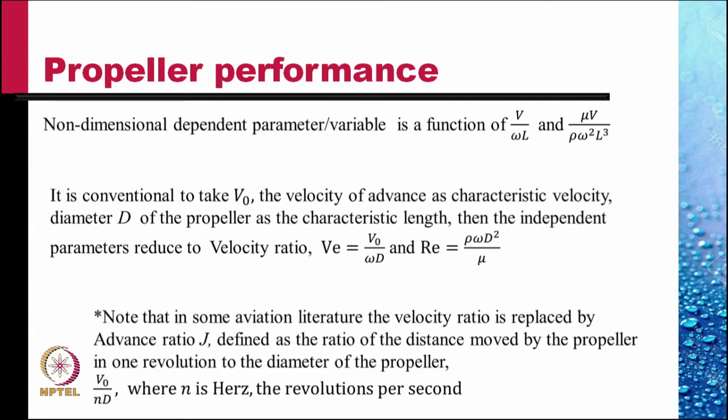Note that in some aviation literature, the velocity ratio is replaced by the advance ratio J, defined as the ratio of the distance moved by the propeller in one revolution to the diameter of the propeller. V naught divided by Nd, where N is in hertz, the number of revolutions per second.